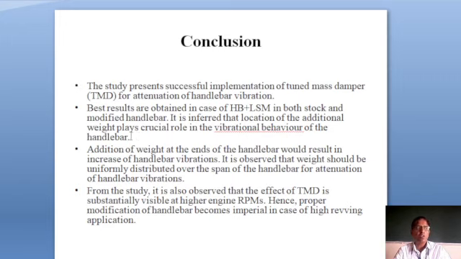So it is not only the mass, but the distribution of the mass is also very important for attenuation of handlebar vibration. Addition of weight at the end of the handlebar would result in increase of handlebar vibration. It is observed that weight should be uniformly distributed over the span of the handlebar.